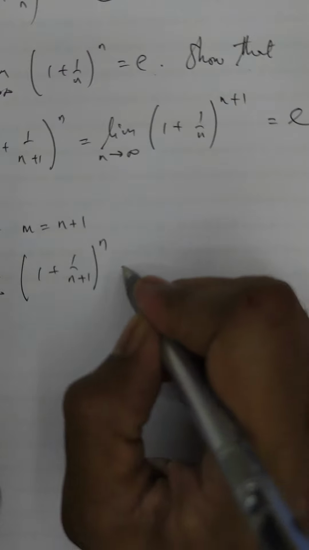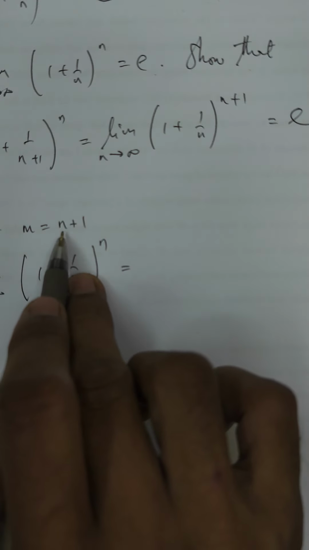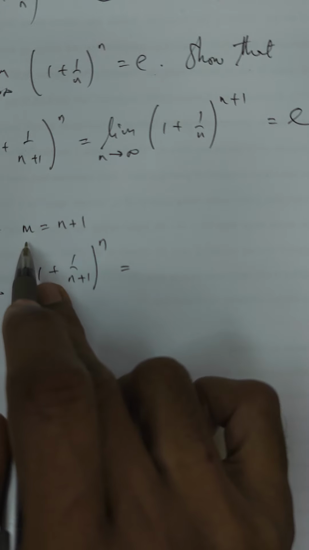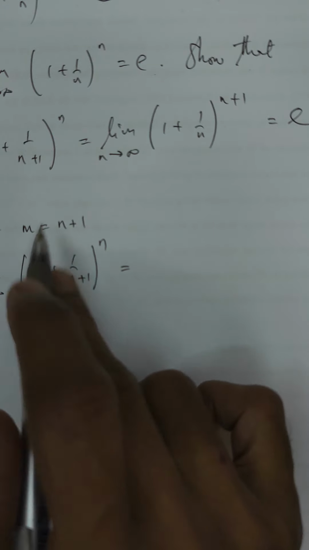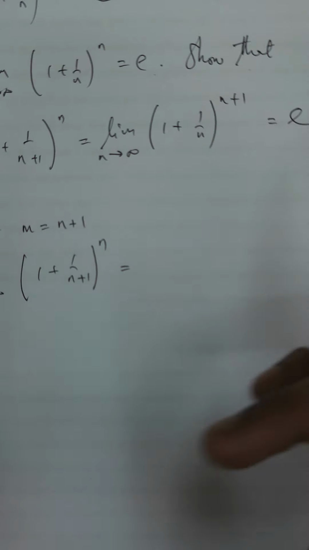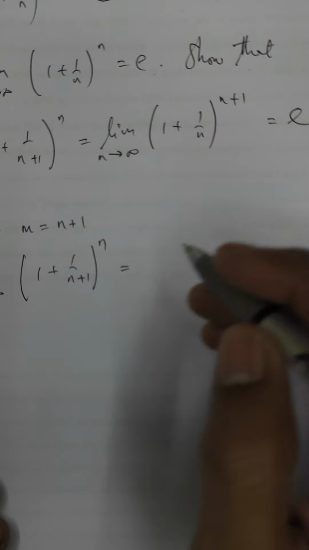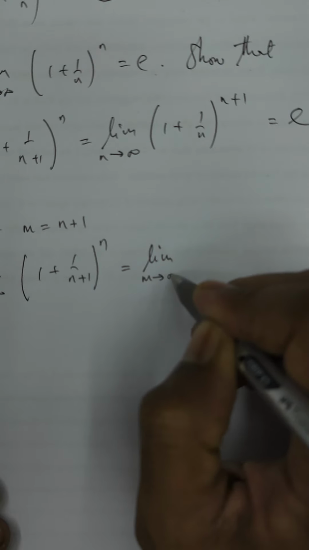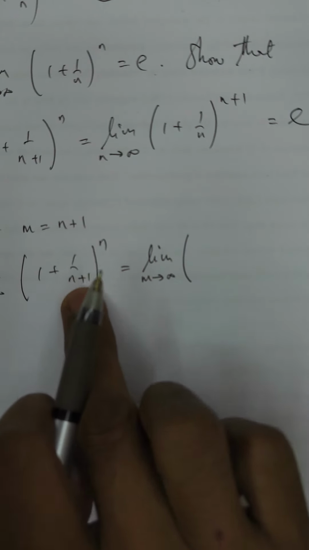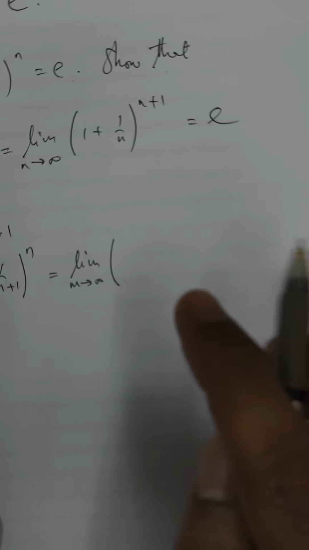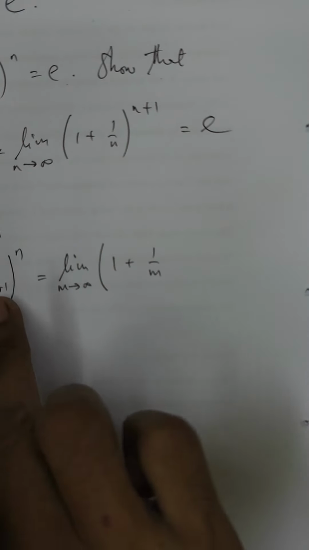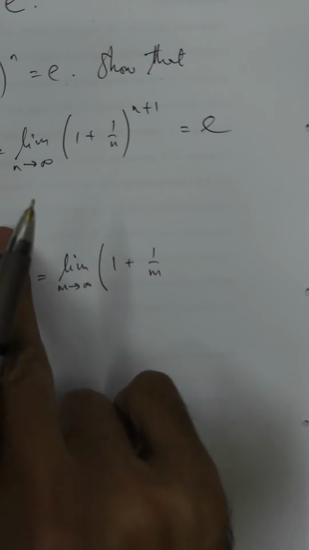If n goes to infinity, which means m also goes to infinity, because m is just n plus 1. So I can write this as the limit as m goes to infinity, because we replace everything with m. We have 1 over m, since n plus 1 is m, and your n is m minus 1.